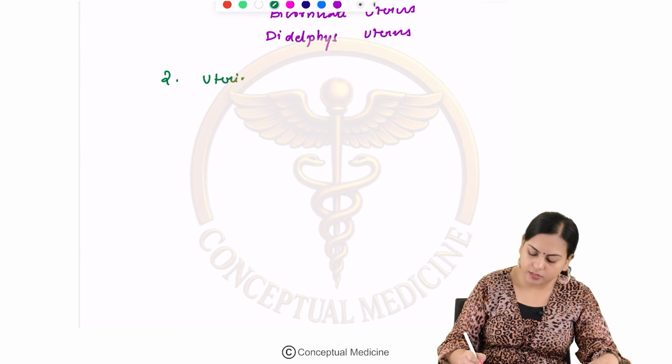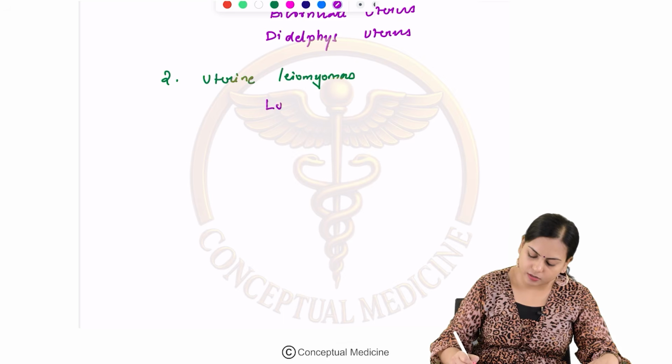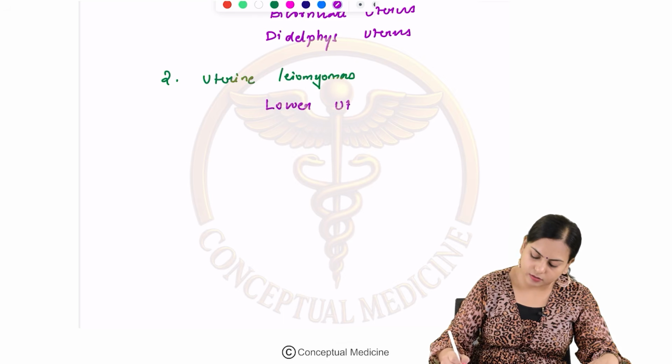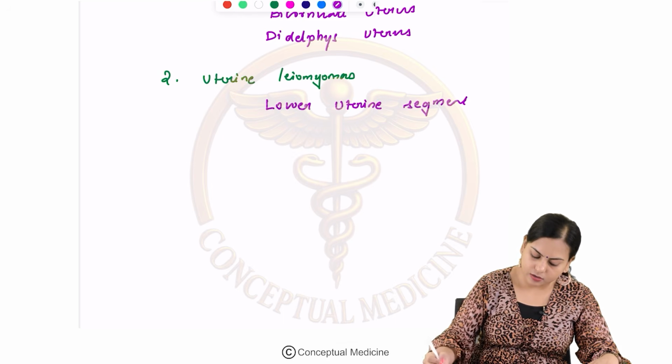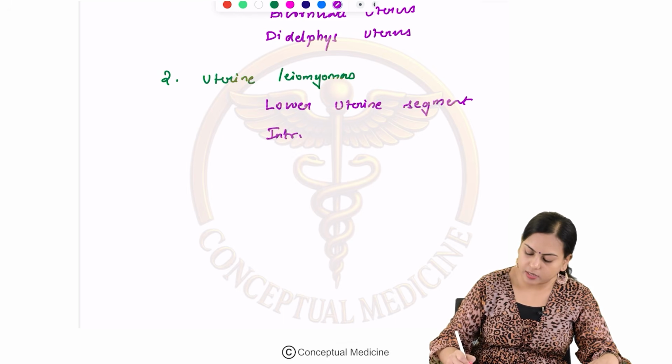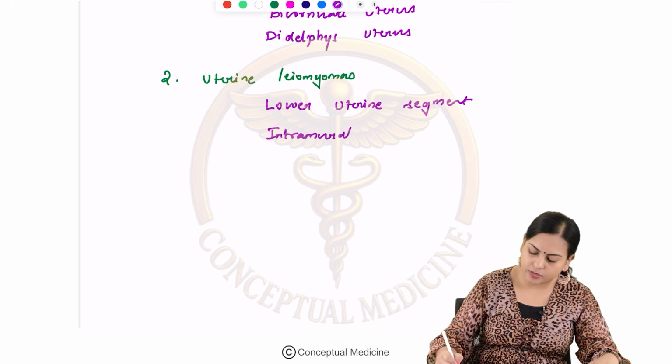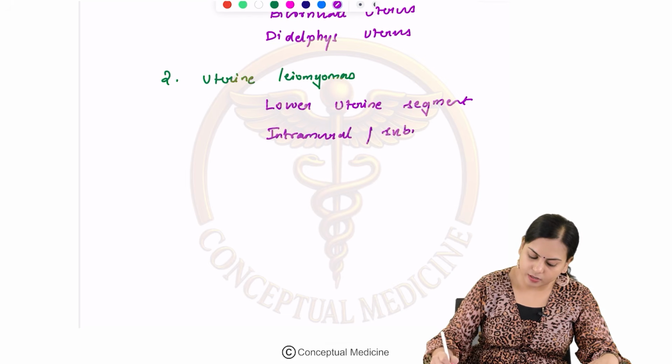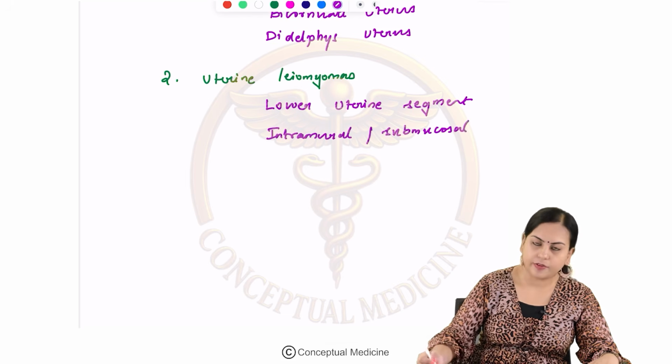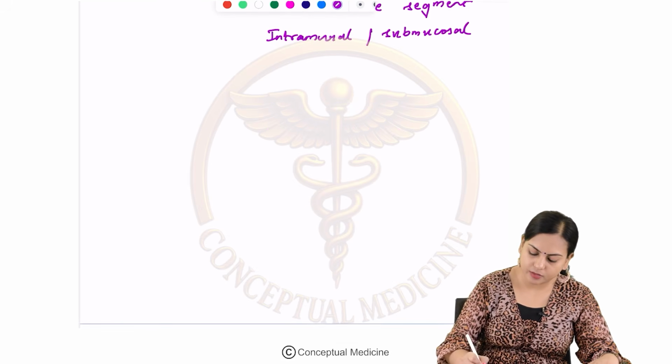Then, uterine leiomyomas, especially in the lower uterine segment, and if it happens to be an intramural or submucosal fibroid. Clear?